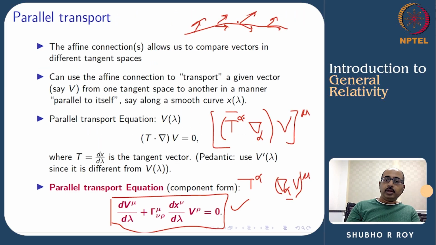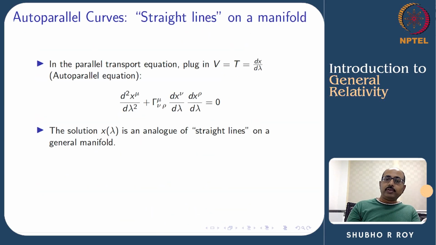Let me again emphasize that in the parallel transport equation, a curve is given beforehand and a vector at the initial point is given, and then using this equation you construct V at all points on the given curve. In contrast, for the self-parallel transport or autoparallel equation, the equation has to be solved to determine the curve in the first place.